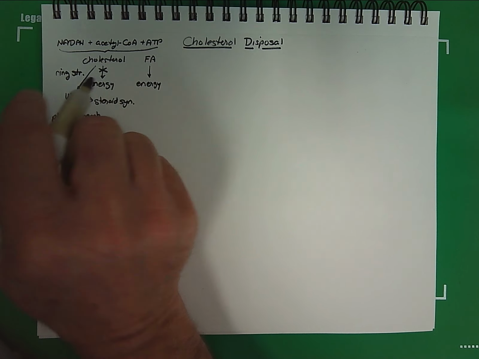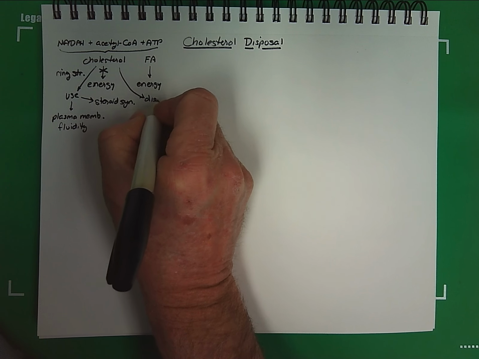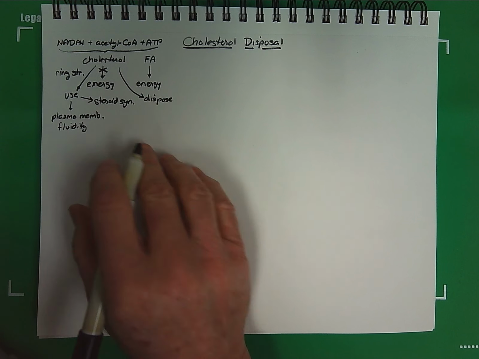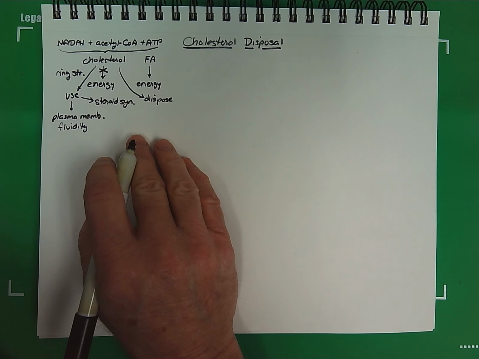Now, if we do not use cholesterol, we have to dispose of cholesterol. This video is about cholesterol disposal. How do we get rid of cholesterol in our body? This applies for both endogenously synthesized cholesterol in the liver and also cholesterol obtained from our diet.